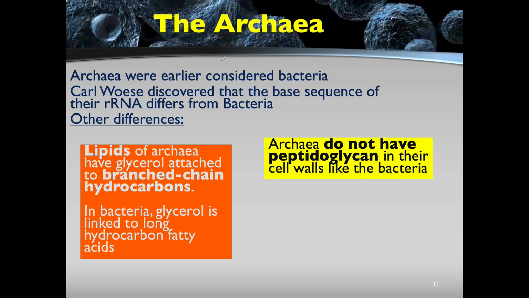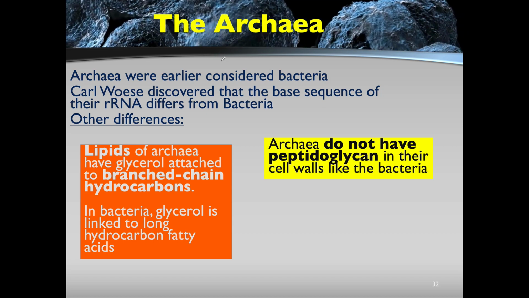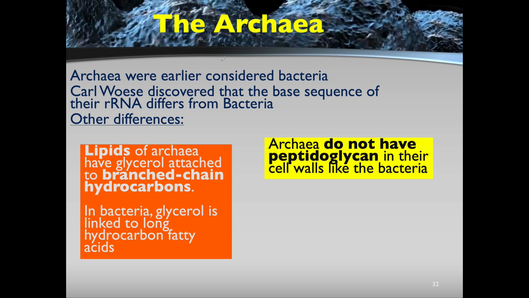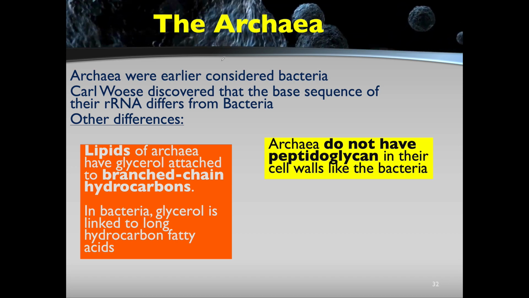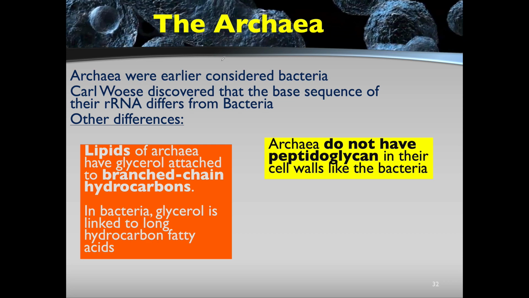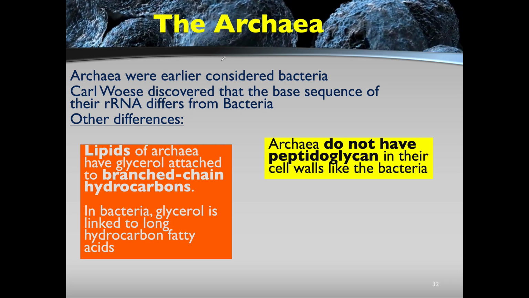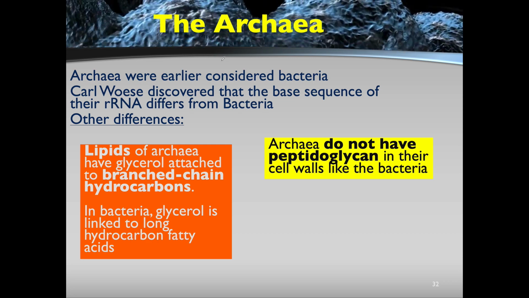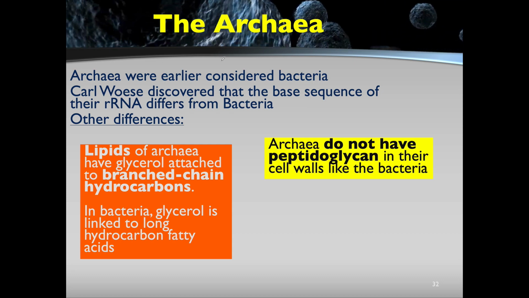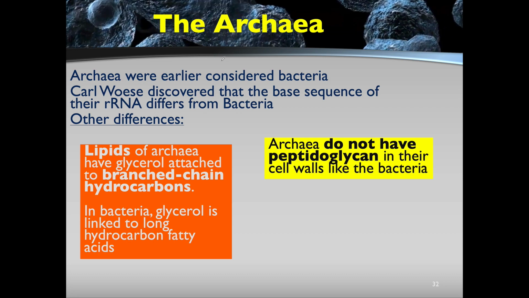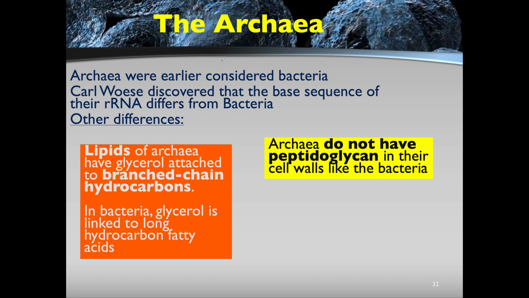The lipids of the Archaean group have glycerol attached to branch chain hydrocarbons. Now, normally in bacteria, glycerol will be linked to long hydrocarbon fatty acid chains, but suddenly these chains are looking very different with those within the Archaean family. We have a lot of branch chains and not a lot of elongated single chains.